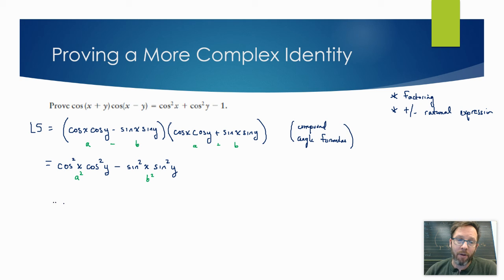And we can do that using the Pythagorean identity you learned in your grade 11 course. So I can rewrite this as cos squared x, cos squared y, minus sine squared x, which is 1 minus cosine squared x, times sine squared y, which is 1 minus cosine squared y. And this is using the Pythagorean identity.